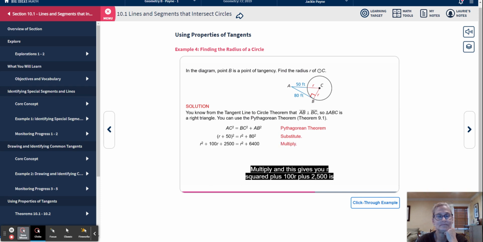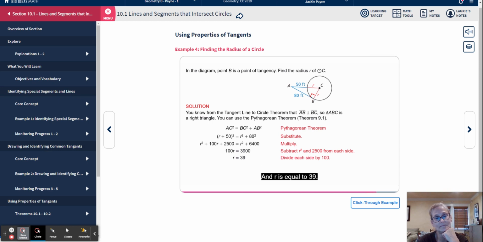Multiply, and this gives you r squared plus 100r plus 2,500 is equal to r squared plus 6,400. Subtract r squared and 2,500 from each side of the equation, and this gives you 100r is equal to 3,900. Divide each side of the equation by 100, and r is equal to 39. So the radius is 39 feet.